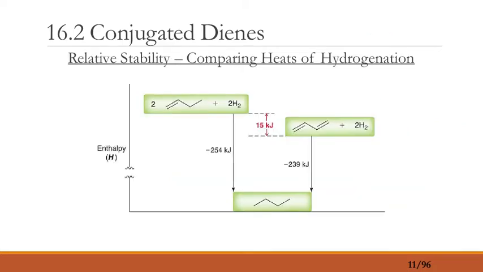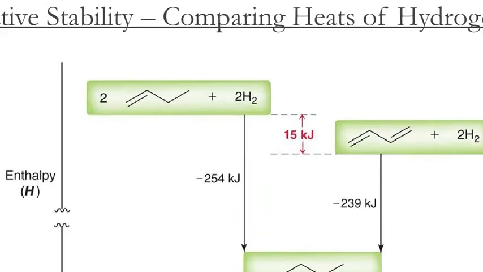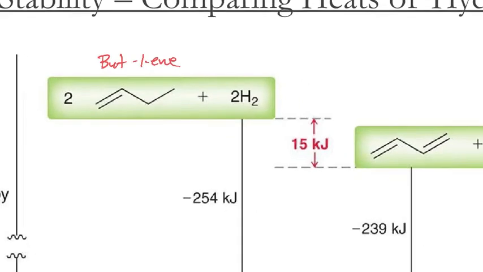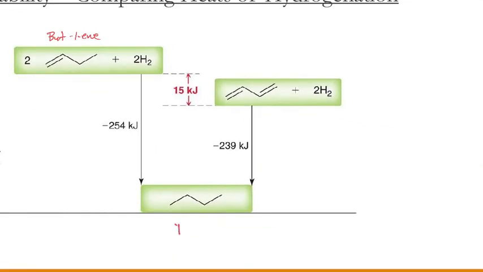Here we have relative stability comparing heats of hydrogenation. All right, so we have the but-1-ene going to butane, and we have 1,3-butadiene also going to butane.